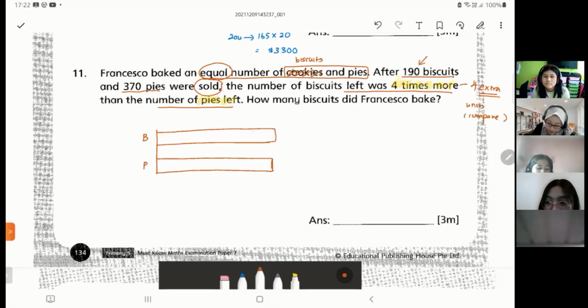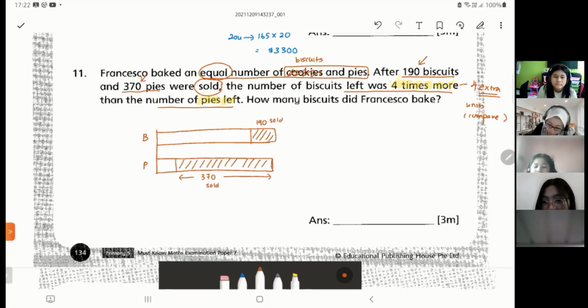Okay, let's say about here. And then the pies, I sold 370 pies. Let's say about here. This whole thing is 370, which were sold. This one is sold.